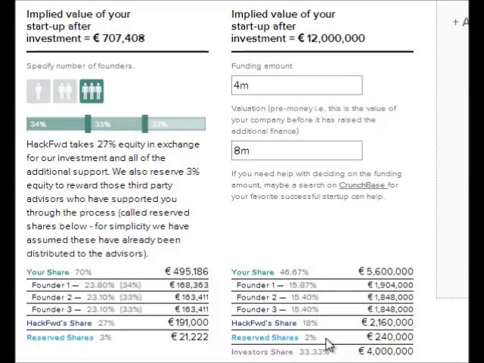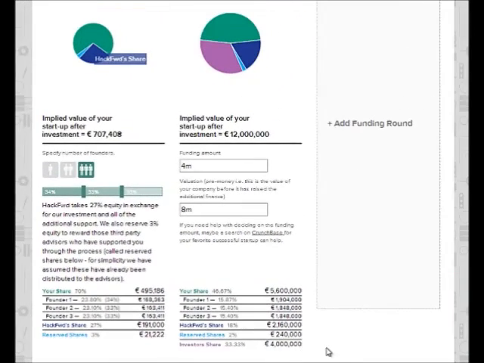So even though founder 1 now only has 15% of his company as opposed to 34% in the start and 23% after the first investment of the accelerator, what you have here now is a much higher value of that percentage. So from 168,000 euros to 1,900,000 euros. So probably about almost a tenfold increase.